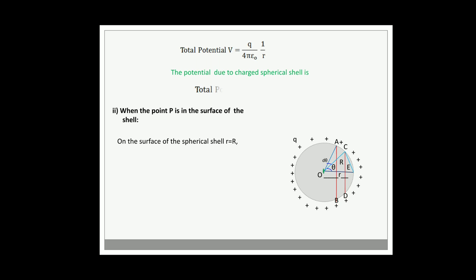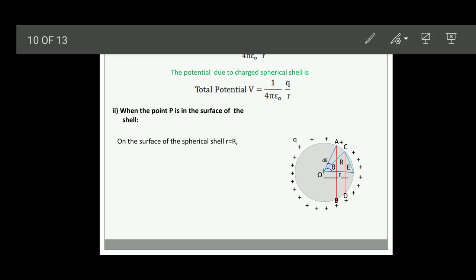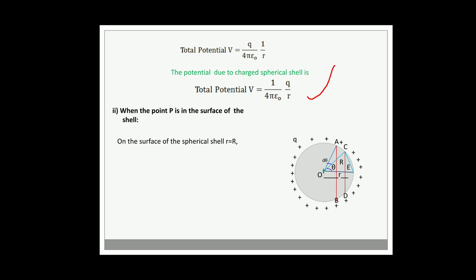So this equation, that is V is equal to 1 by 4 pi epsilon naught into Q by r, is the same as the potential due to a point charge. So the total charge can be assumed as if the total charge is concentrated at the center of the spherical shell. So the potential due to the spherical shell at outside is 1 by 4 pi epsilon naught into Q by small r.